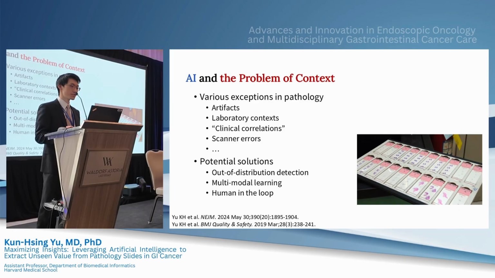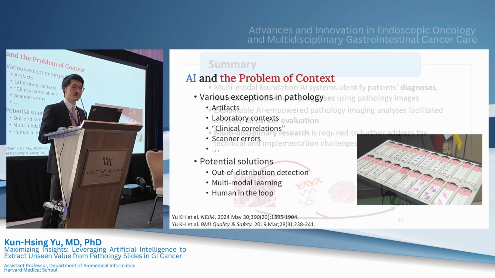And some potential solutions we are developing in our lab include out-of-distribution detection, meaning identifying particular samples that may merit additional human-based review. And we also use multi-modal learning to incorporate the clinical correlations. And before our model becomes perfect, perhaps it's always helpful to have a human in the loop to double-check our result and avoid our system going on autopilot into erroneous diagnosis.